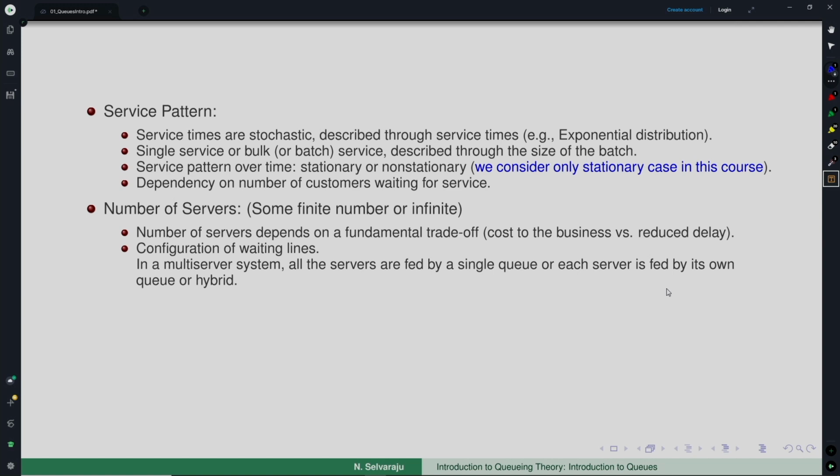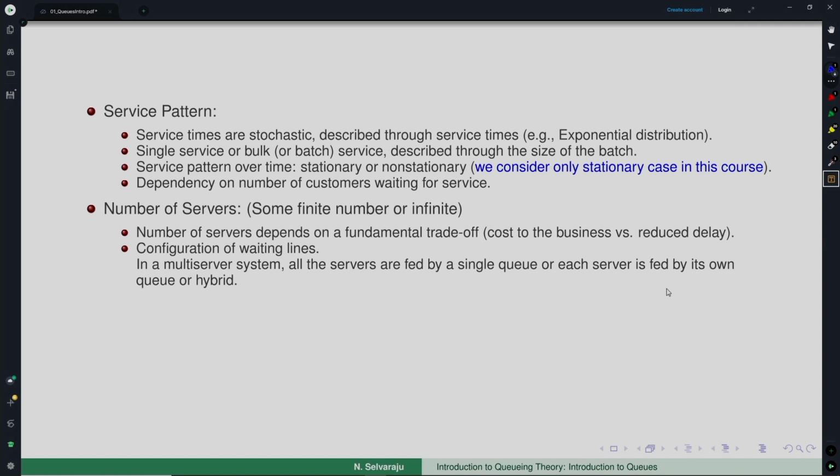So, in a multi-server system, when all these parallel servers are there, whether they are fed by a single queue, or each server is fed by its own queue, or a hybrid model. This is how the configuration of the waiting lines or queues is also part of the description.